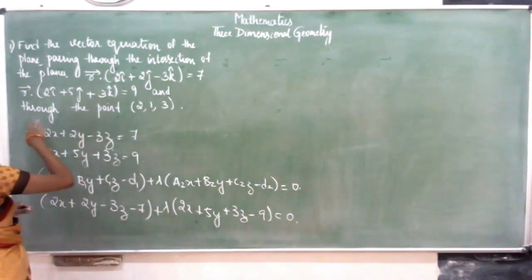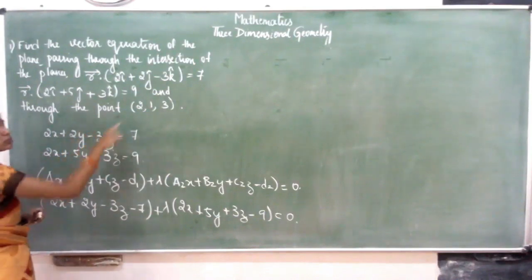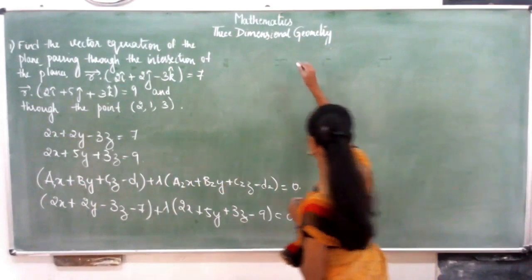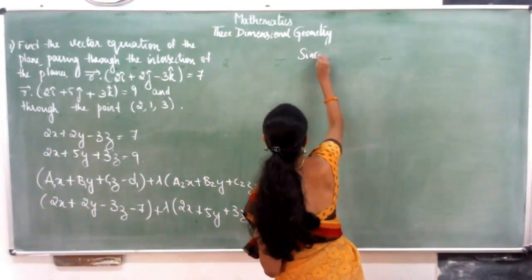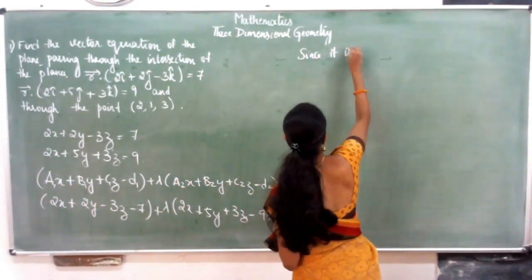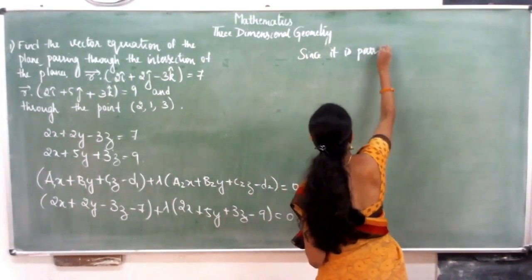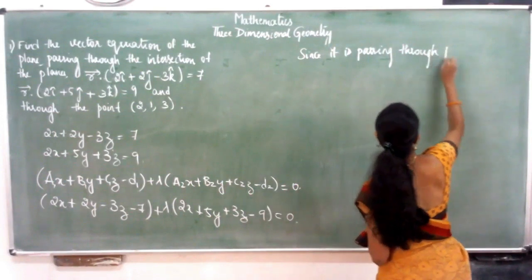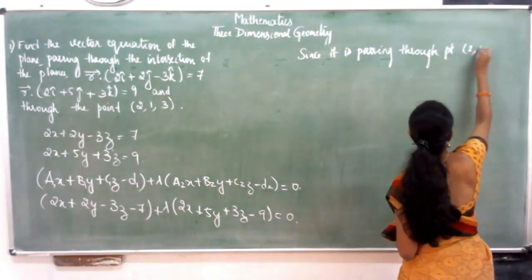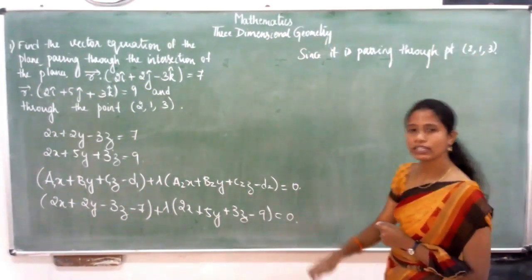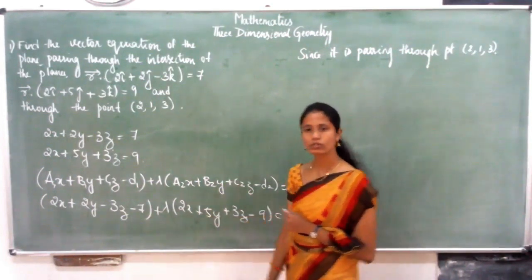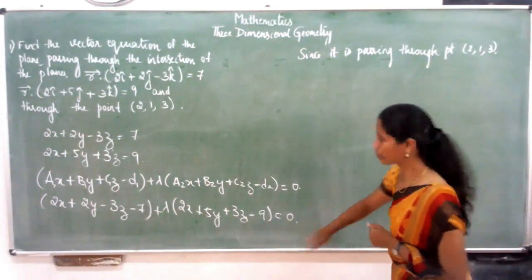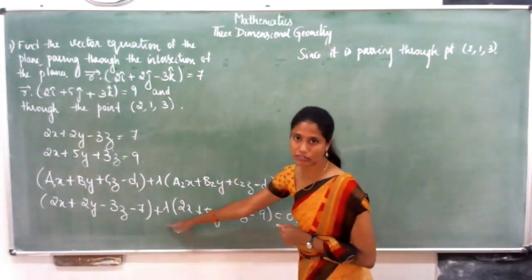And they have given that this is passing through the point 2, 1, 3. So since it is passing through the point 2, 1, 3, we can substitute x as 2, y as 1 and z as 3 in this equation in order to find the lambda first.